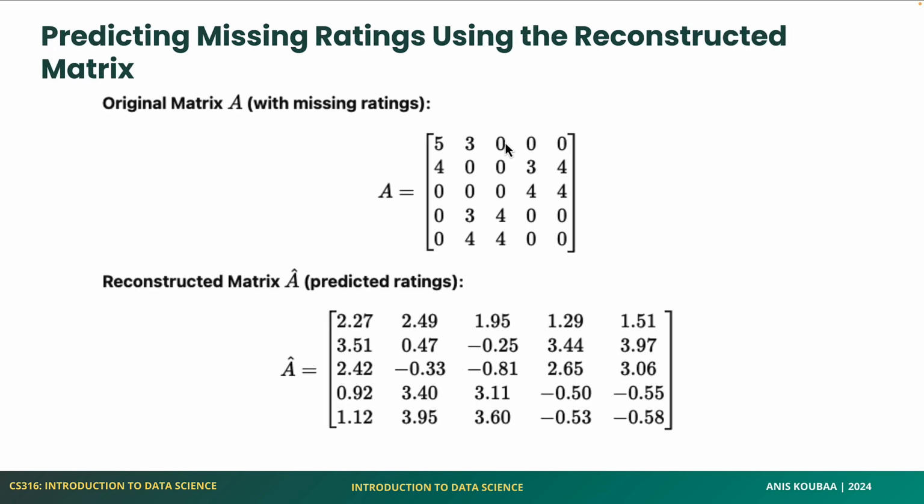Look, now I want to estimate these three ratings for the user. And it turns out that this reconstructed matrix provides an estimate for the user rating. So I can replace this 0 by 1.95 as an estimated user rating for this book. And I can replace this 0 by 1.29 as an approximated user rating for this one, so it's a prediction model.